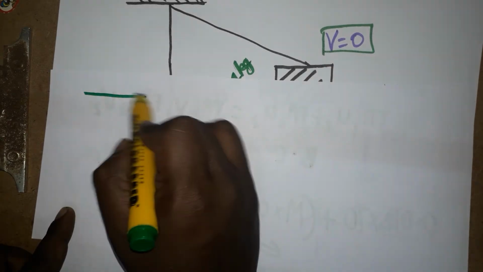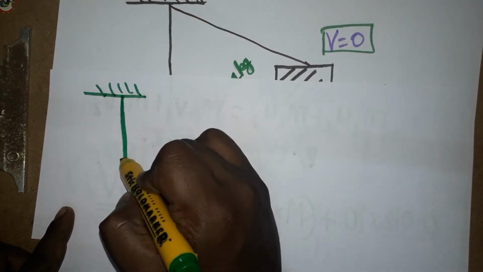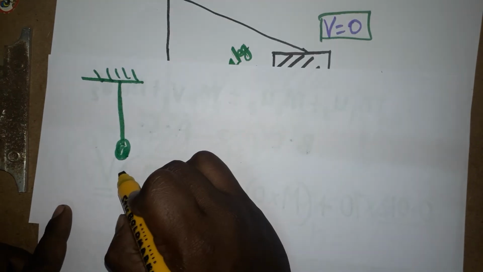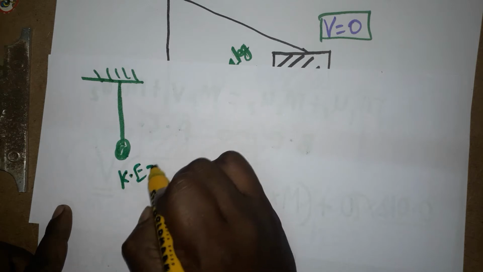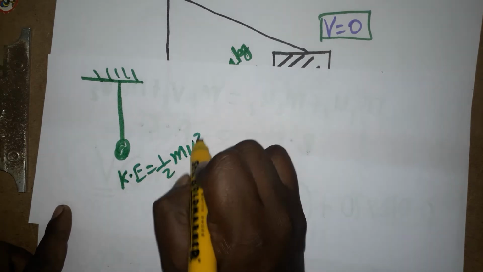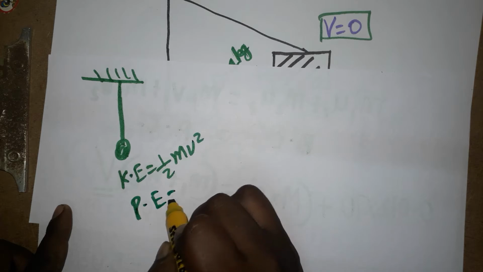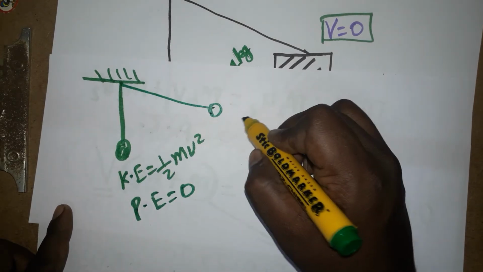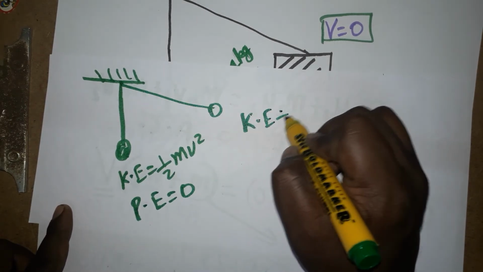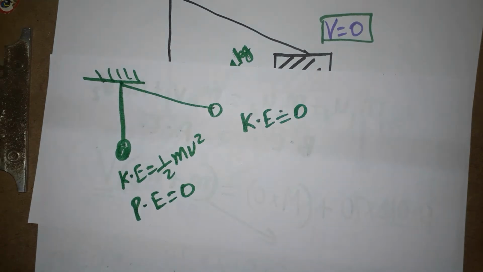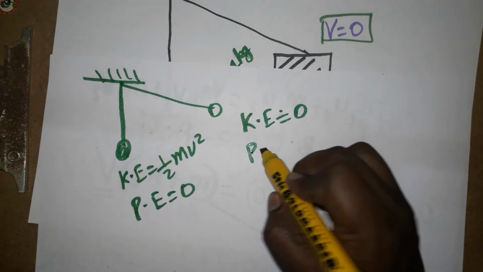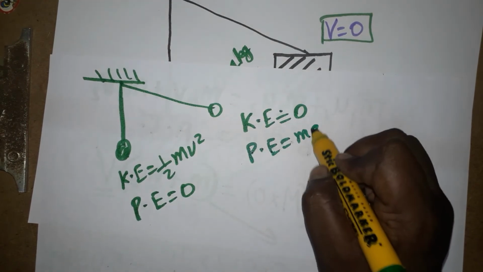We already know conservation of energy. At this point kinetic energy, half m v square, is maximum and potential energy is 0. At the other point kinetic energy is 0, it's a normal simple pendulum, but potential energy is mgh.